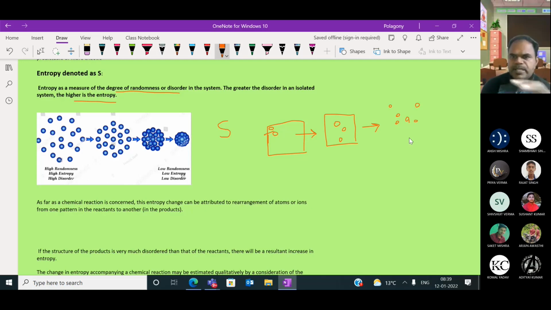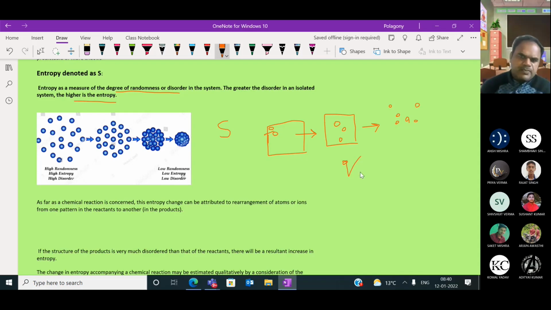Then tell me what could be the reason for this randomness and orderliness of the system? What is responsible for the degree of randomness, the spread of the molecules? Can we write Q is responsible?